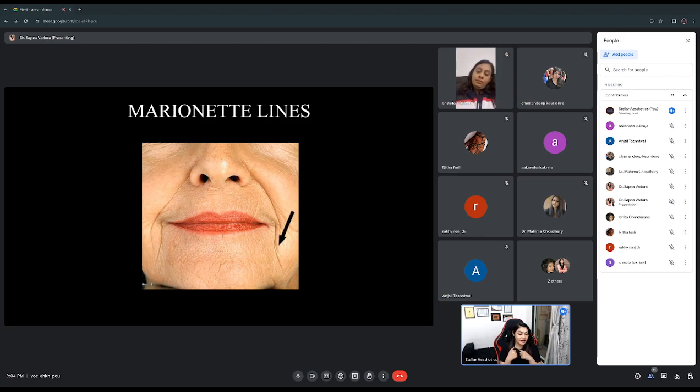Okay, what are these lines? How does it happen? Anyone? No one? Please tell me, someone guess at least. These lines here. Orbicularis muscle.